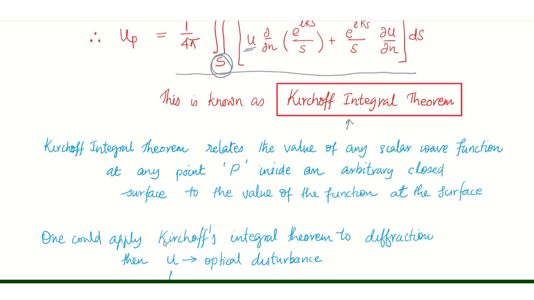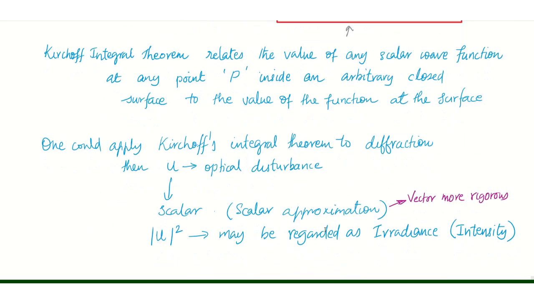One could apply Kirchhoff's integral theorem to diffraction, and in that case u becomes the optical disturbance. That is what we call it, optical disturbance, because we cannot call it an electric field vector since it's a scalar. It's a scalar quantity, and we can call it an optical disturbance.